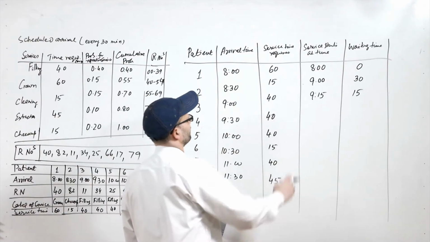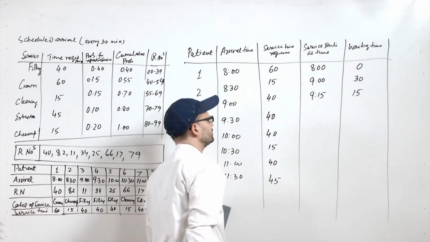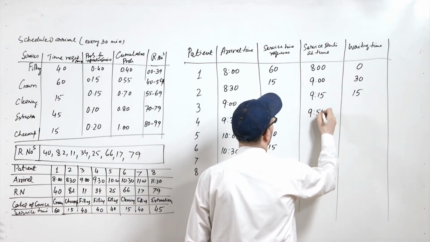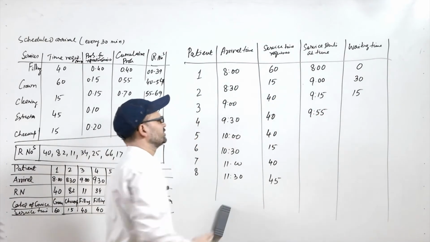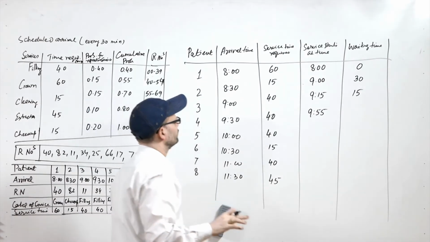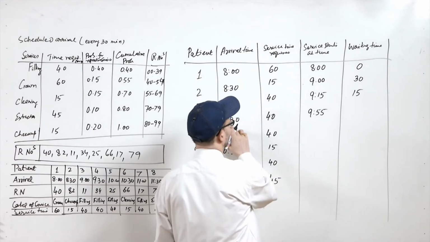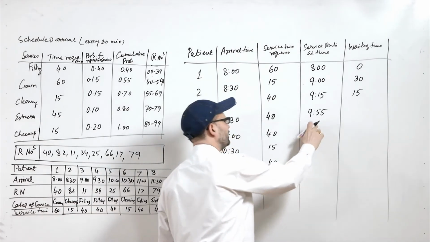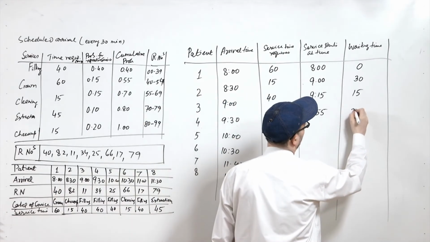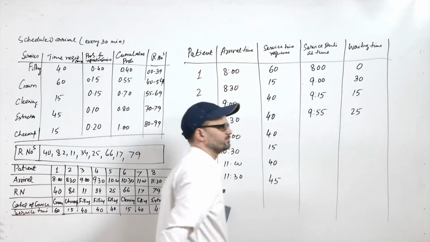Then this person will take another 40 minutes. So, at 9:55 he will allow the next customer to go into the service. This person has come at 9:30 and joined the service at 9:55, so the waiting time is 25 minutes.